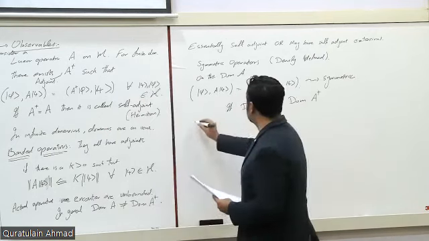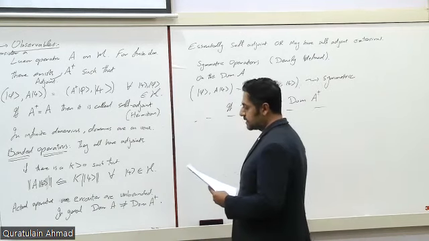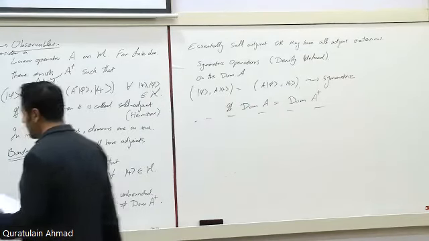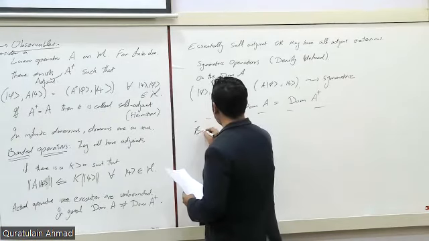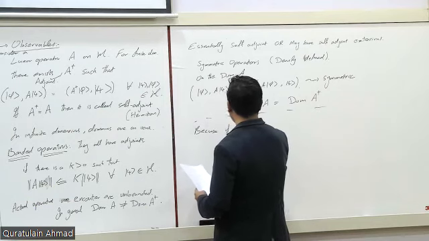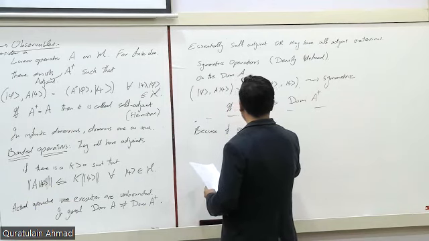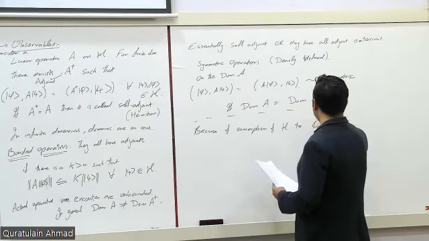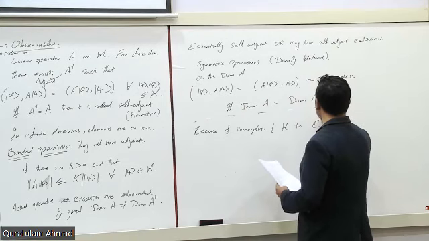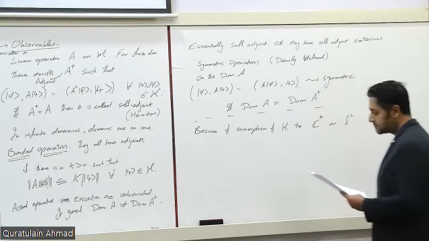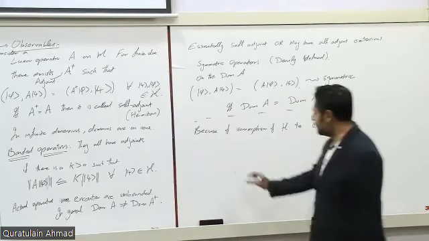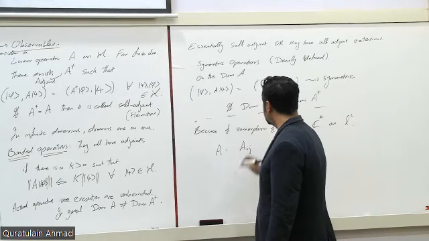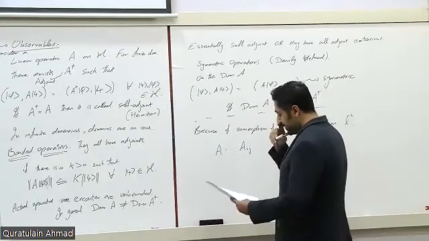One should also keep this picture in mind. Because of this isomorphism of any Hilbert space to either C^n or L2, we can think of these operators as these matrices.